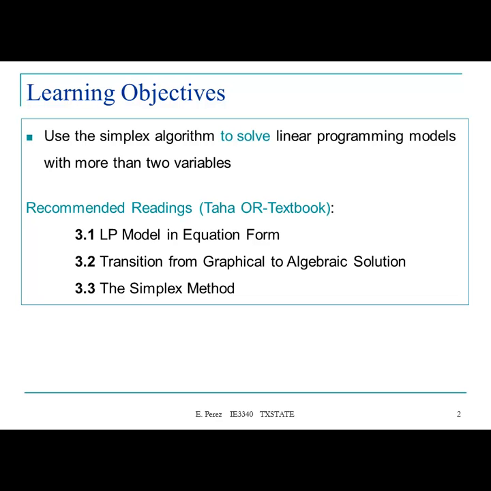So this is the learning objective for the lecture: use the Simplex algorithm to solve linear programming models with more than two variables. And you can find these topics in your textbook in sections 3.1, 3.2, and 3.3.